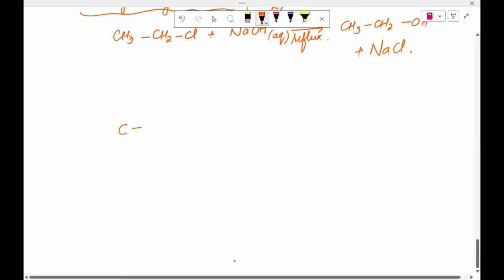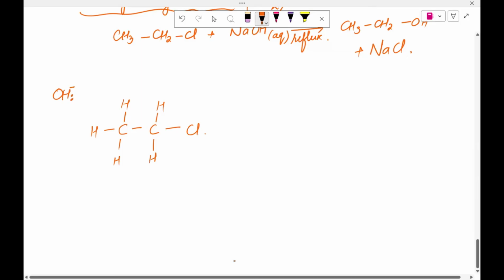We have the carbon, with hydrogen, hydrogen, hydrogen, and this is hydrogen here, this is hydrogen here. And we know that this is the Cl group, which is attached here. So what is going to happen? We know the OH group has a lone pair with a negative charge.